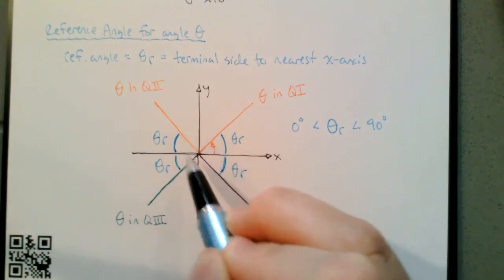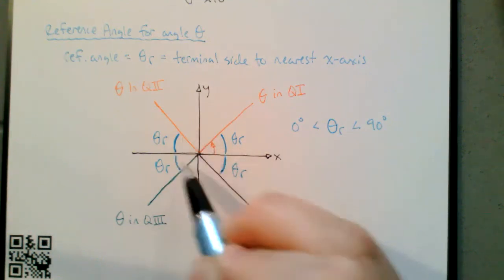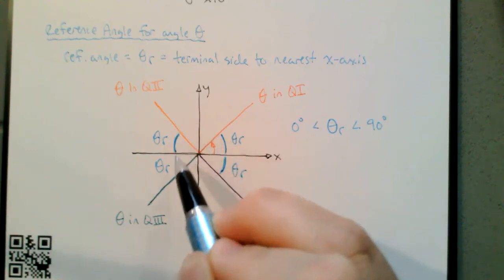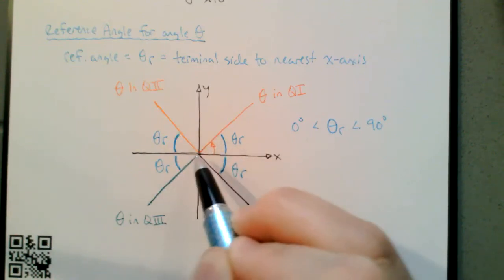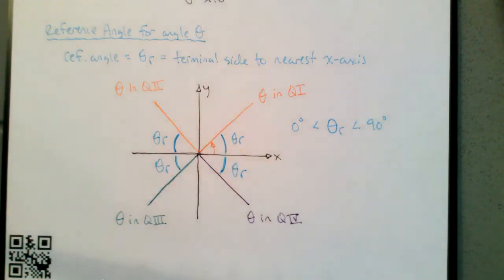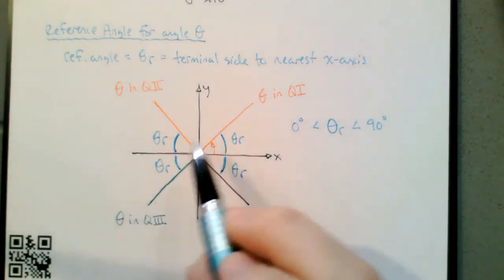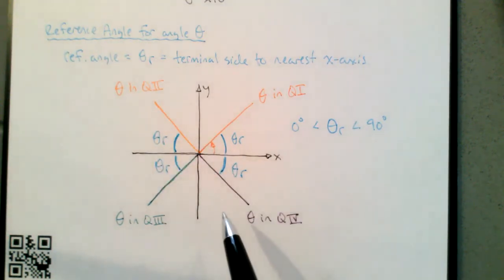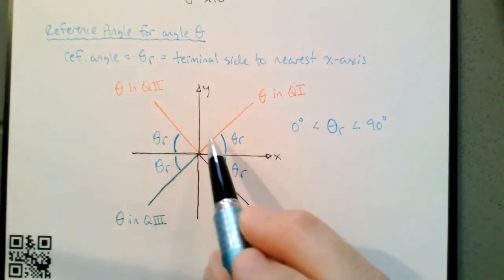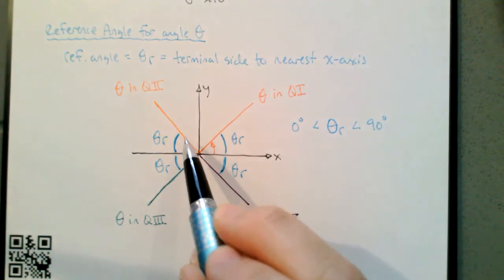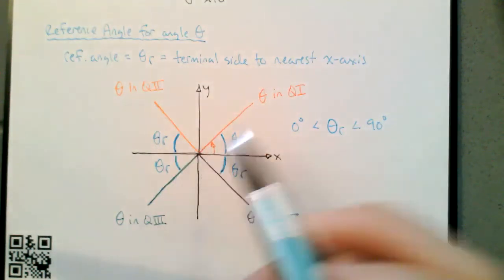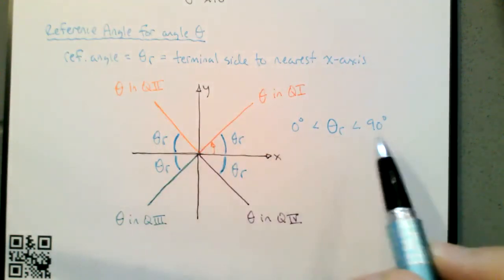I can go around twice, 3 times, 1 billion times, 100 billion times, and terminate here. I can even go negative, same thing. I can go negative and terminate in the second quadrant there. I can go full circle negative and then keep going and terminate there. But the reference angle for all those angles that terminate at this location is going to be between 0 and 90.